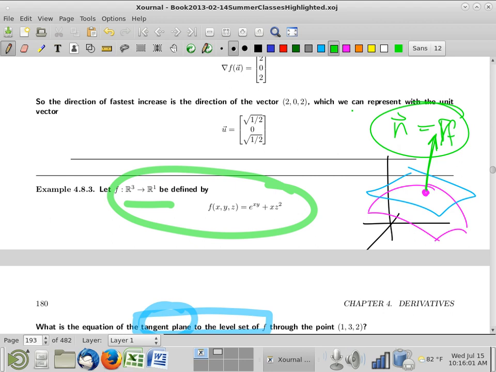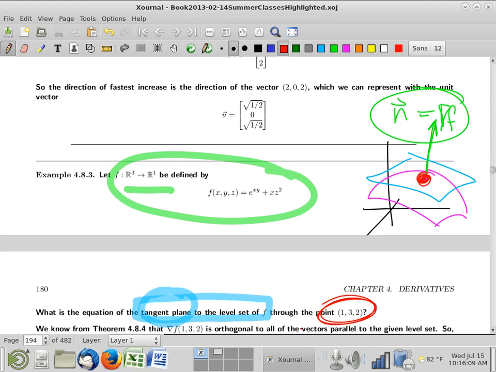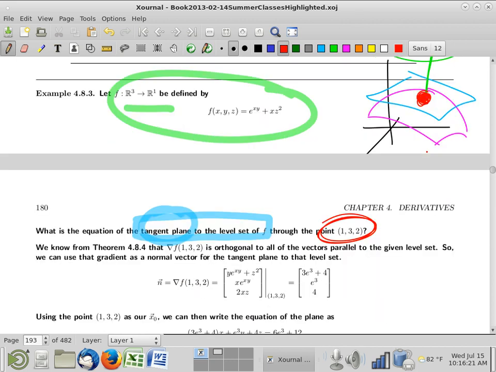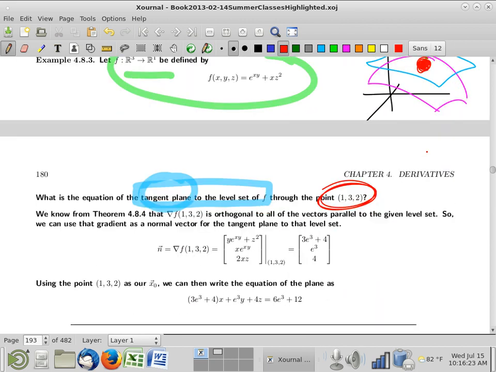Everybody good? Now, of course, I also need an x naught. Well, there's a free given point there that we know is on the tangent plane. Namely, it's the point where the plane is tangent to the surface. So there's your n, there's your x naught, and it's a little bit of algebra. So here's the gradient vector.